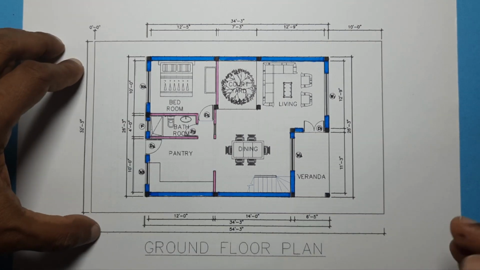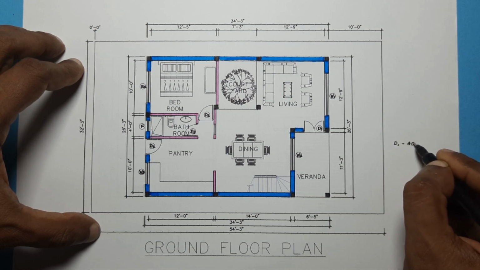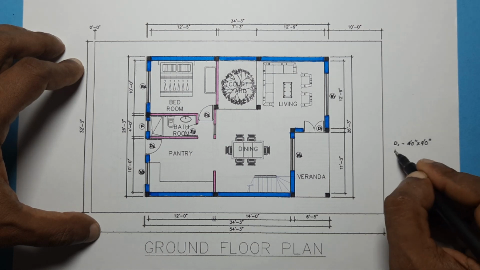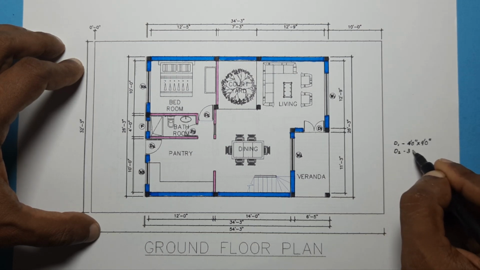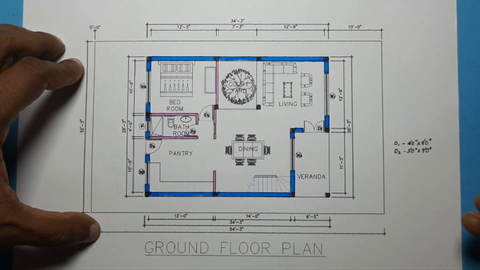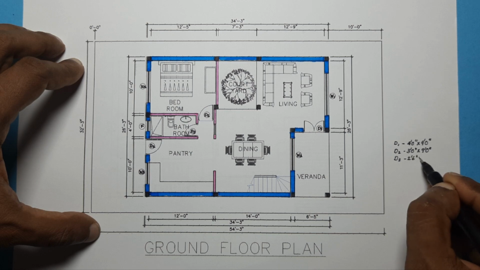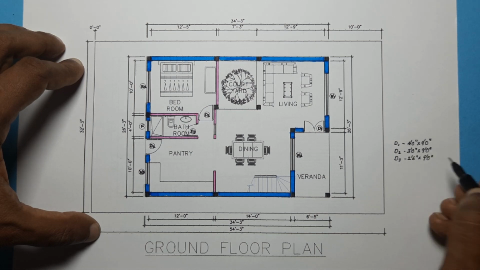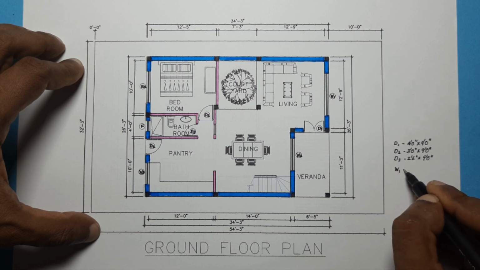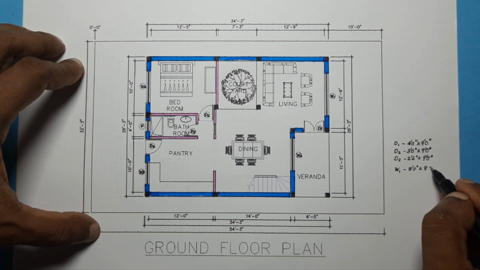Now I will give you the sizes. D1: 4 feet by 9 feet. D2: 3 feet by 9 feet. D3: 2 feet 6 inches by 9 feet. Then the windows: W1, 8 feet by 8 feet.